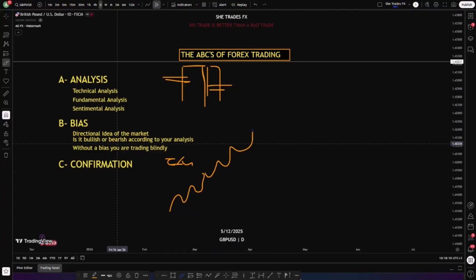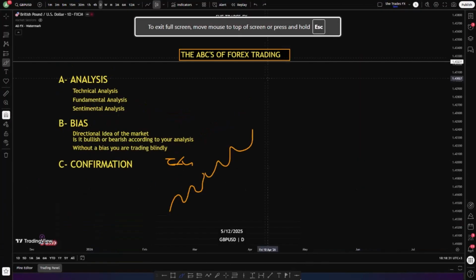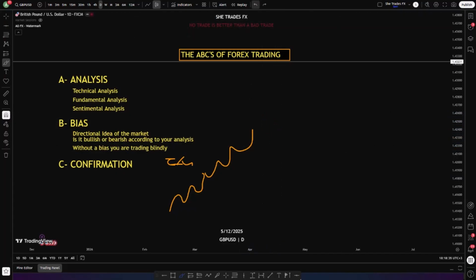This does not mean that because you've done fundamental analysis and this is going to cause the market to crash, you immediately go and start pressing sell, sell, sell, and you start putting in all the orders in this world. No, that is not true. It is just an idea.